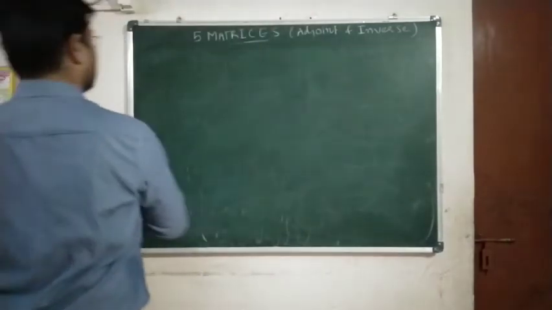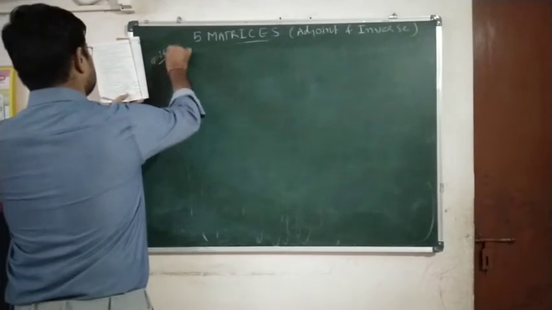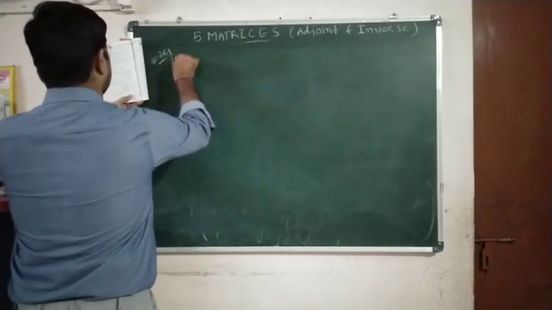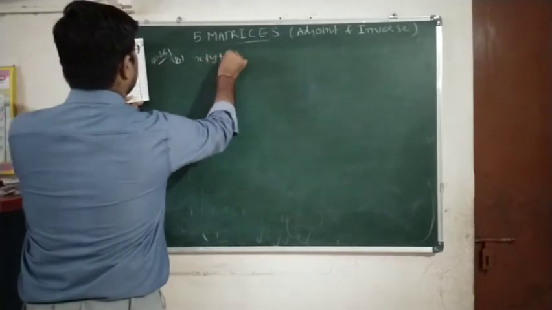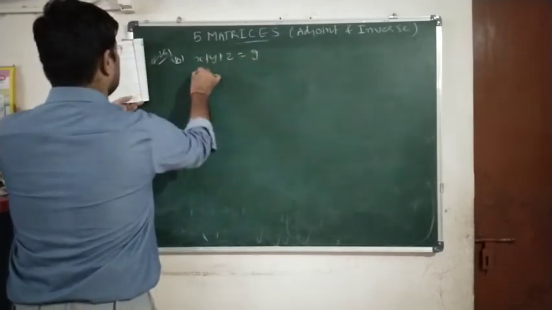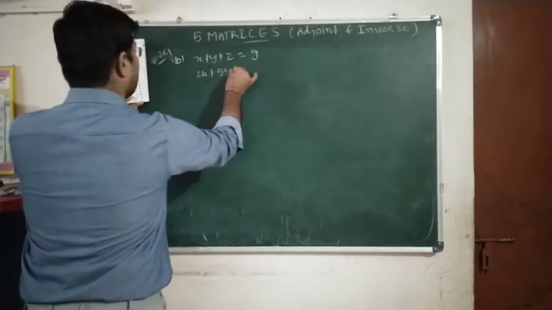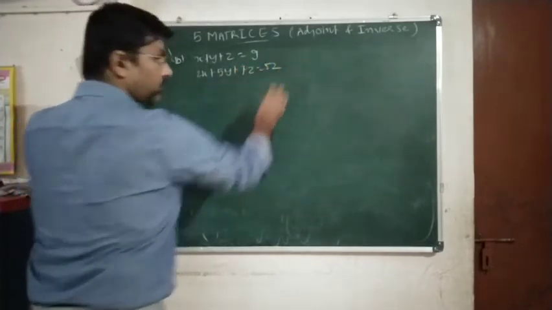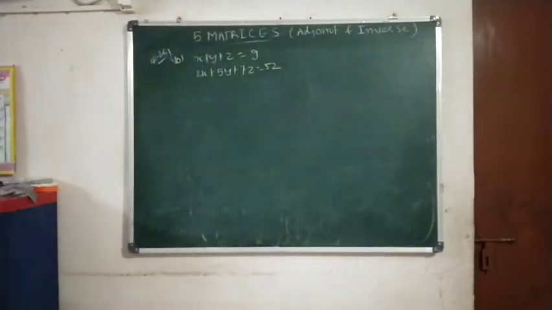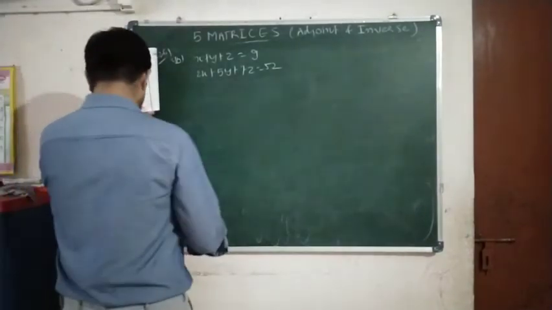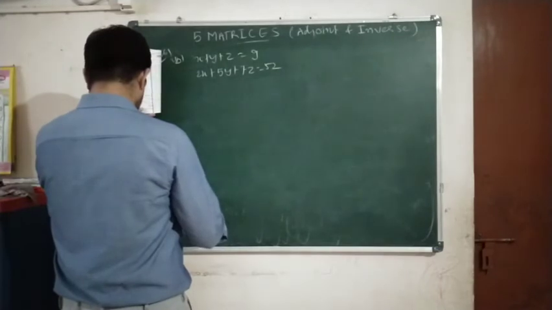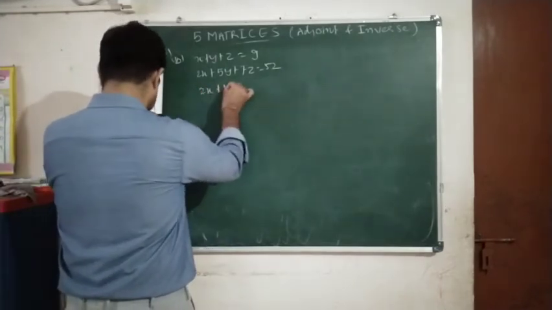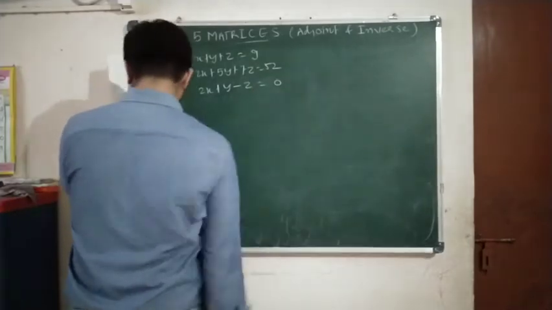So question number 26, second one, or B: x plus y plus z is equal to 9, and the third equation is 2x plus y minus z is equal to 0.